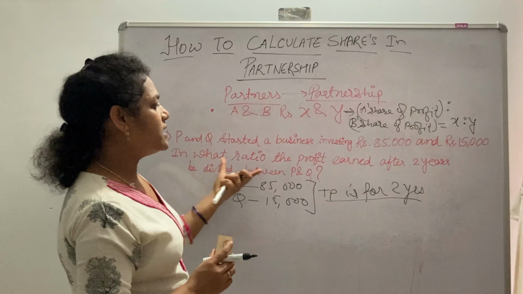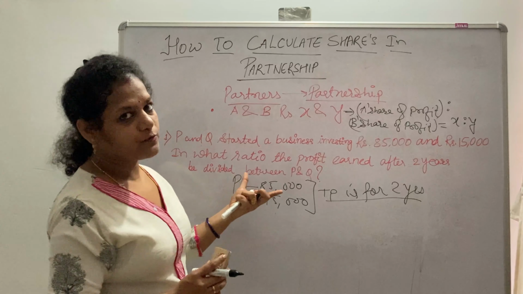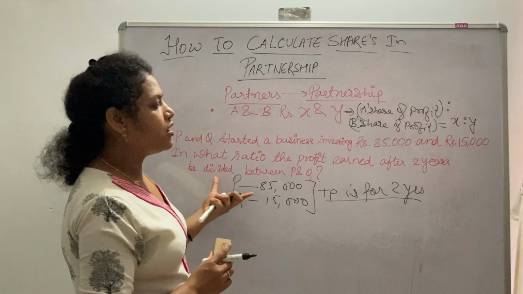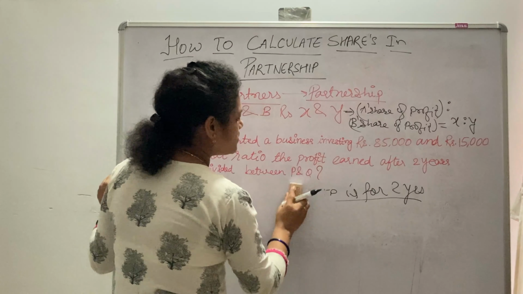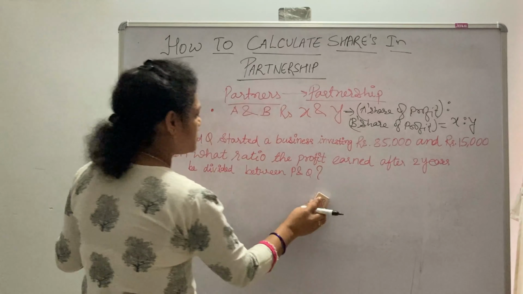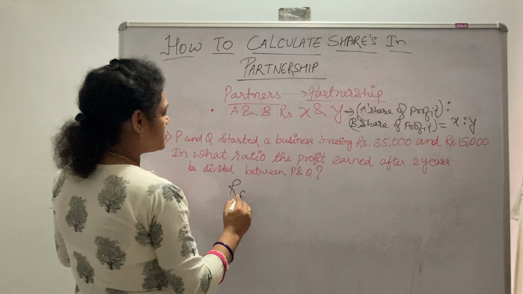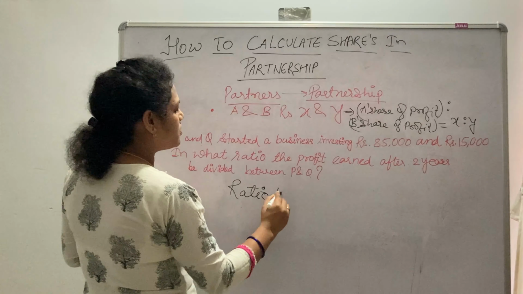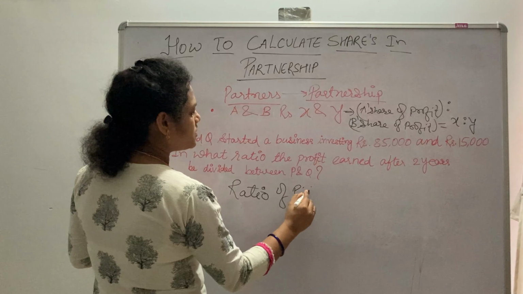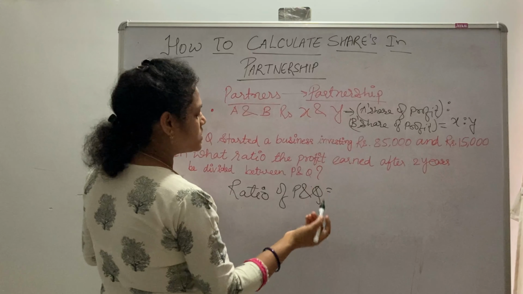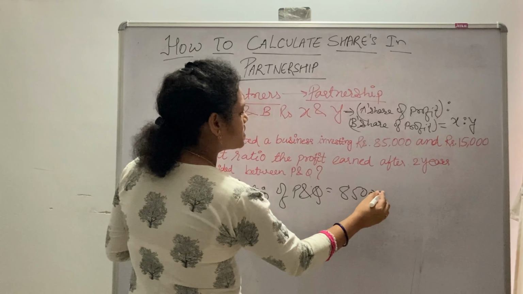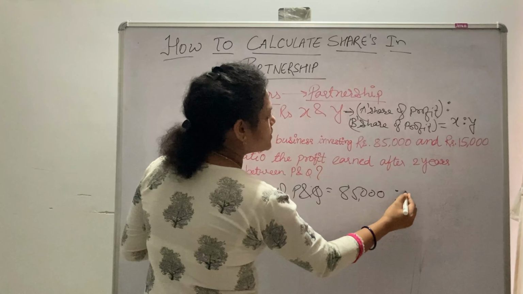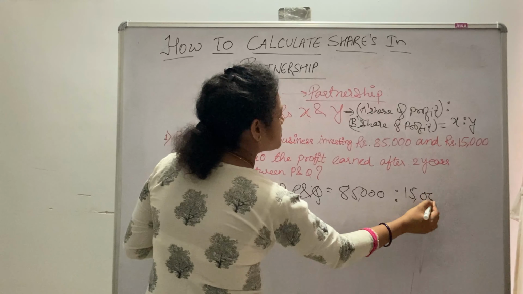So in that condition, the ratio of their capital, the ratio of P and Q, is 85,000 is to 15,000.